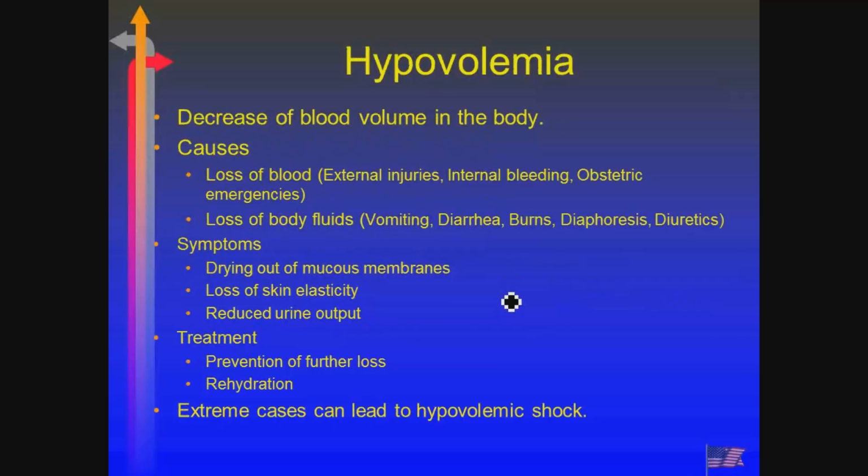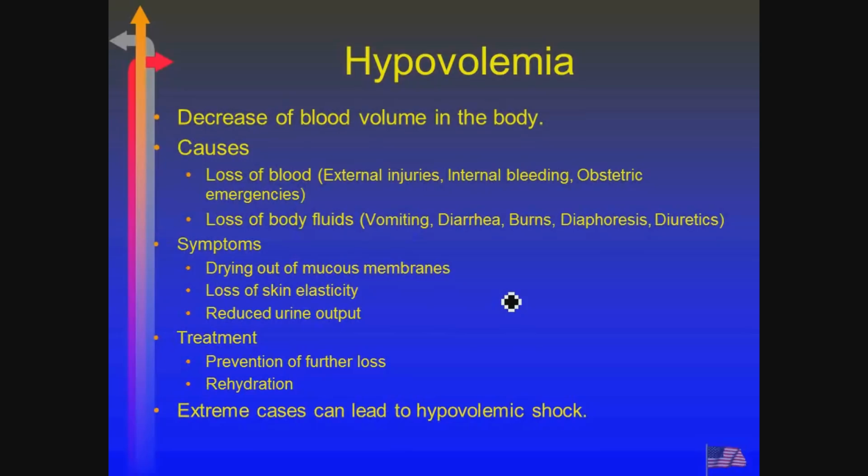Anytime we have excessive blood volume loss within the body, we classify that as hypovolemia. It could be because we have bleeding directly, as you might see during traumas or obstetric emergencies where there's excessive vaginal bleeding.